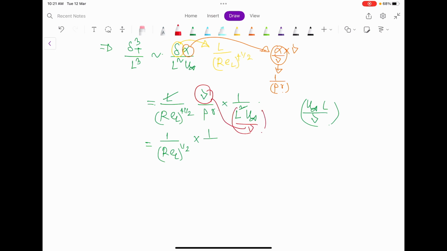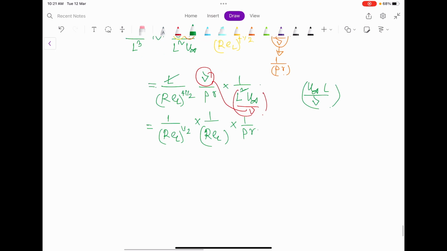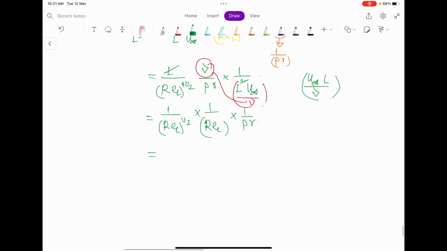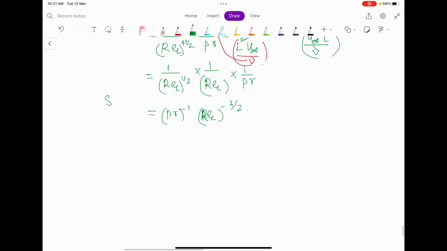And this will be u infinity into L by nu, and that is nothing but my Re_L into 1 by Pr. So that becomes my Pr to the power minus 1, Re_L to the power minus 3 by 2, and that is nothing but delta t by L whole cube.